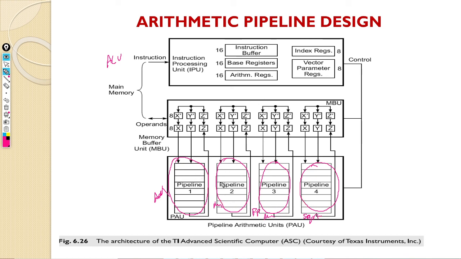Each one is your arithmetic pipeline, and at a time you can choose any one. Since this is a static pipeline, you're not going to have any complex things here, because control will also get complex. So out of all these functional units, you select, now I'm going to do multiplication, then you select this, and all the others will be disabled until your pipeline finishes, and then you get back to it. It's one of the preliminary ways to pipeline things.